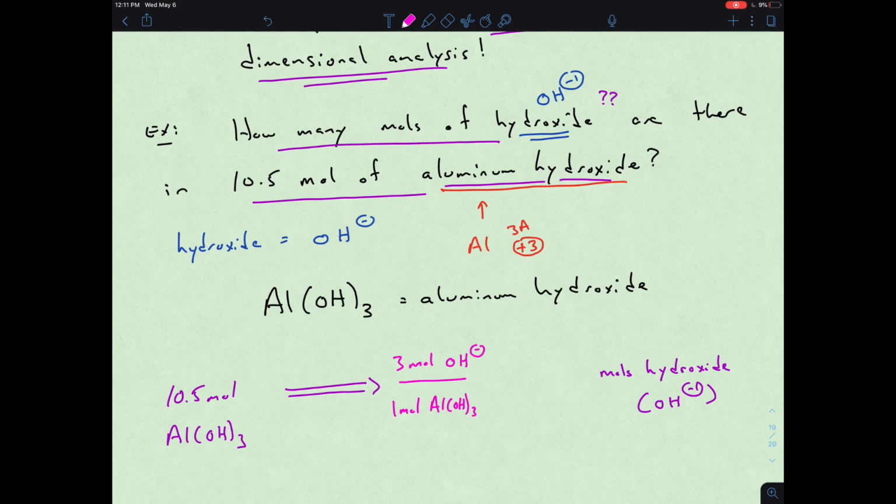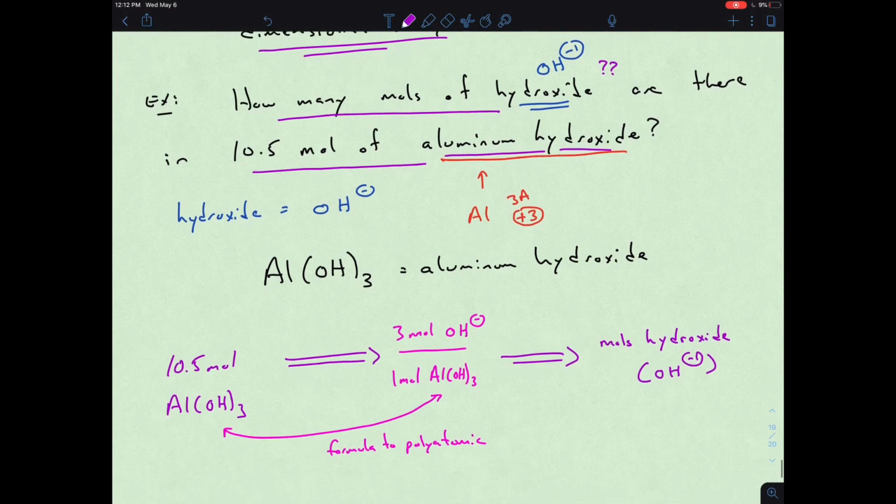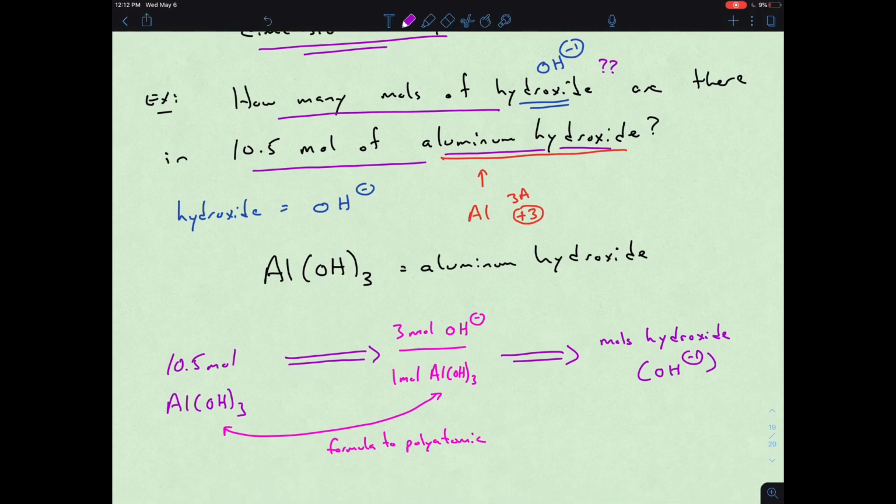And that's just that relationship of the formula to the polyatomic. Now that allows us to keep going to get at our answer, moles of hydroxide. So really just a simple conversion here, but trying to have an understanding of how that molecular formula works in terms of the conversion.